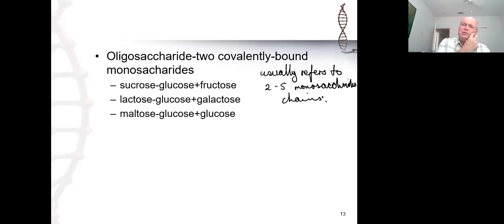So we usually use the term oligosaccharide for monosaccharide chains anywhere from 2 to 5 monosaccharides in length.